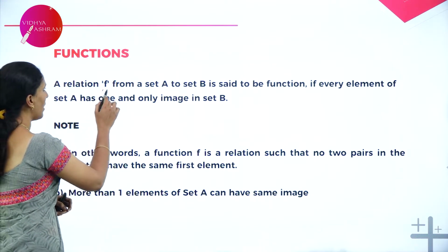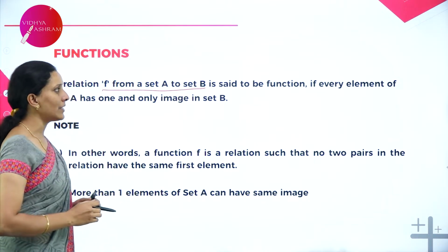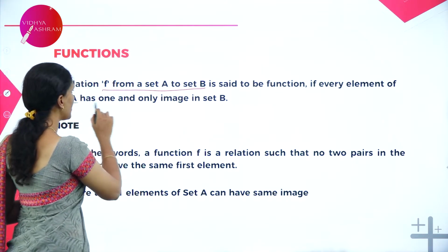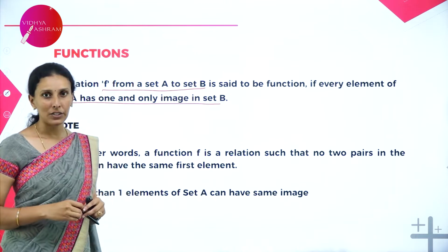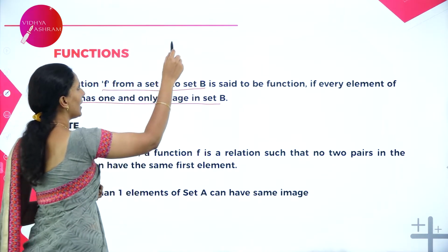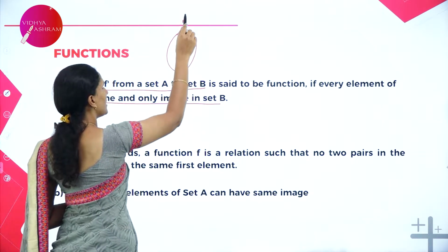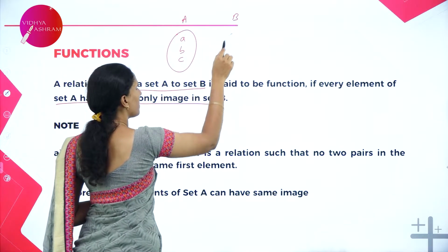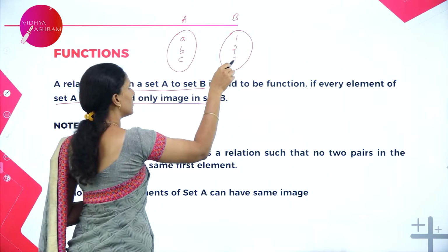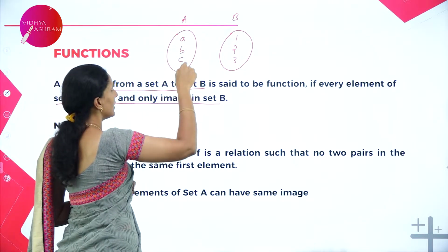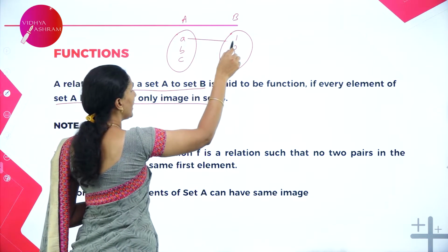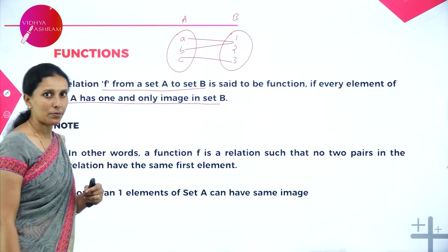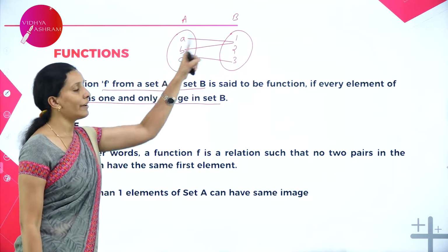A relation from set A to set B is said to be a function if every element of set A has one and only image in set B. Suppose I take elements from set A as a, b, c and I take set B as 1, 2, 3. So all the elements in set A have to be in a relation with one element in set B and it should have only one image.